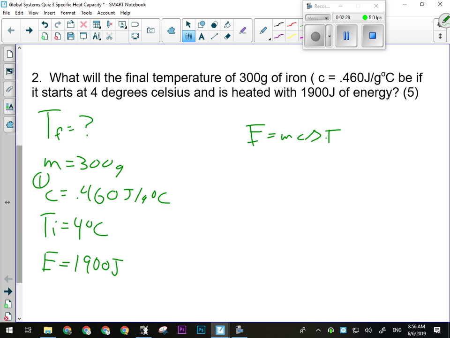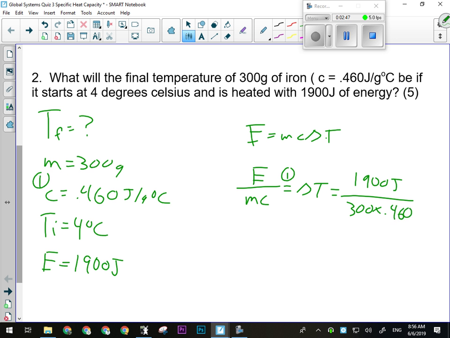And in order to solve this one, we have to solve for the change in temperature. So we will have E divided by M times C equals delta T. They can have a mark for that, as well as for plugging in the numbers correctly. 1,900 joules divided by 300 times 0.460. All right, so that'll give us our change in temperature.